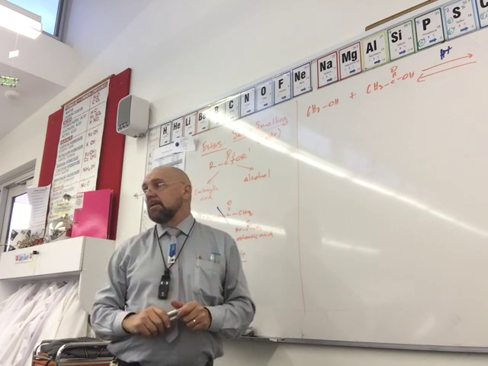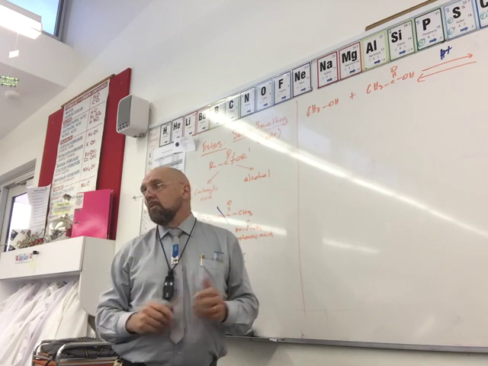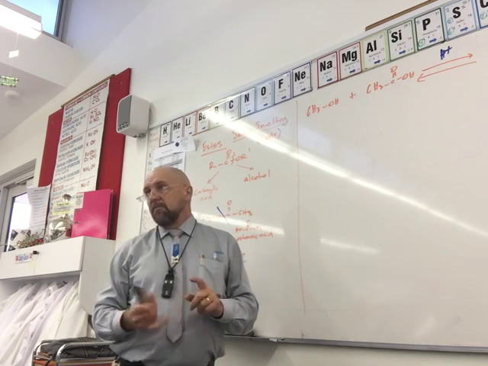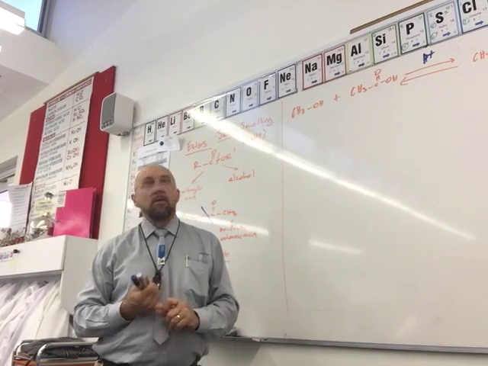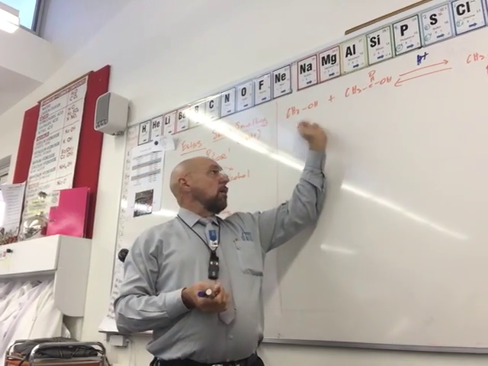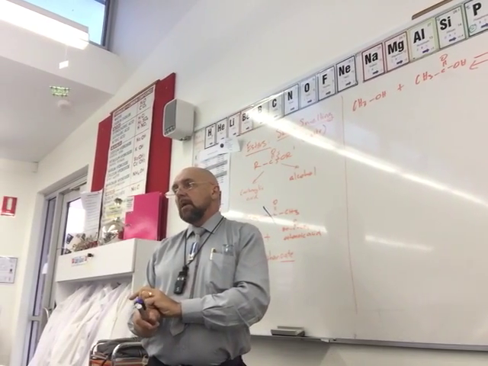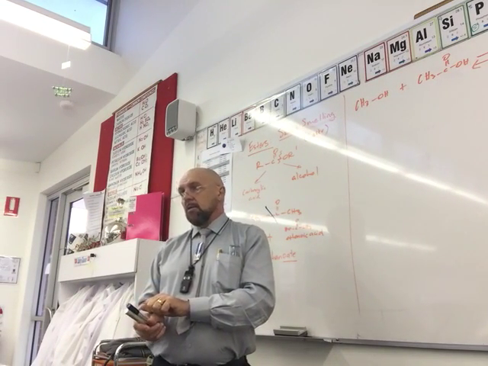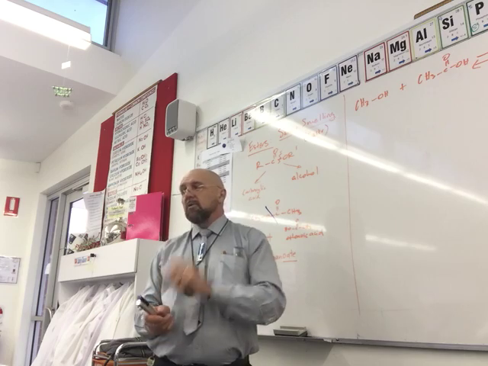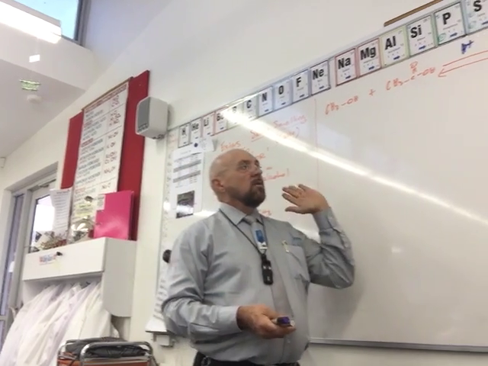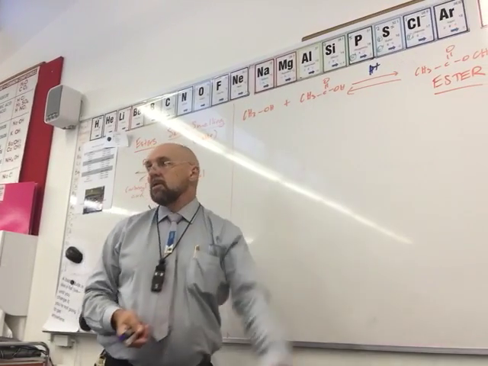What else can we do? Mason? We normally add an excess of one or other of reactant. So that's the first thing we tend to do when we get to our experiment. So it'll be an excess of either the alcohol or the carboxylic acid. Because the more of those things we have on the left-hand side, we're hoping we're forcing equilibrium to the right-hand side. Anyone else see another way we can force equilibrium to the right-hand side?